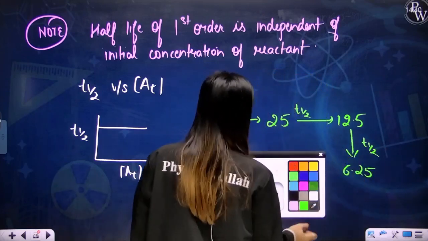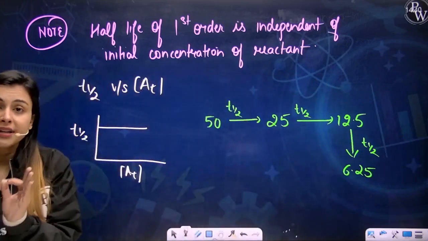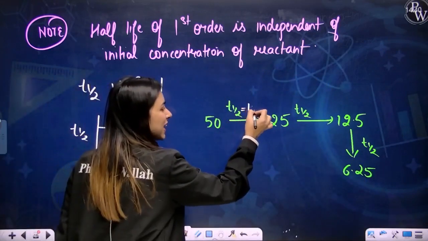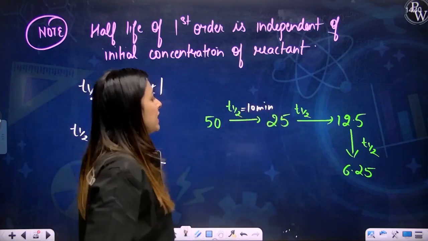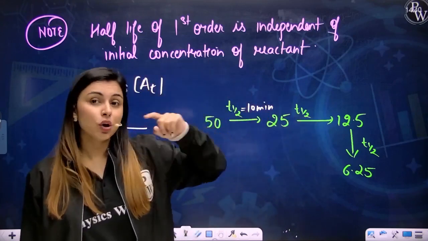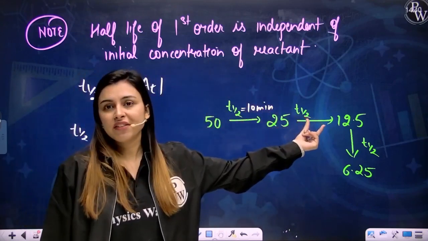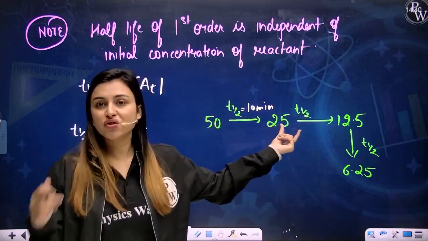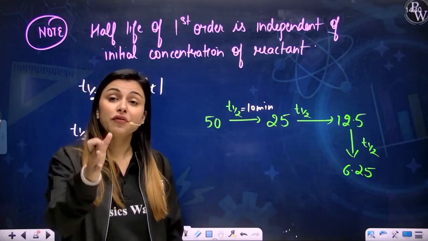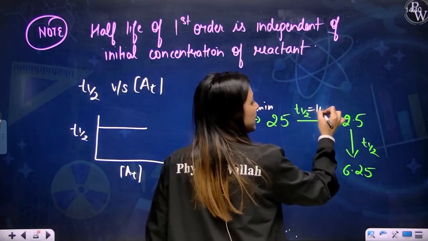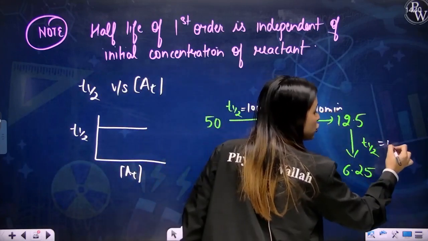Let me tell you, for a first order reaction, my dear students, if this is 10 minutes, then if it was a zero order reaction, this definitely would have been 5 minutes because the concentration has changed, right? Yes, but for a first order reaction, this will also be 10 minutes and this will also be 10 minutes.